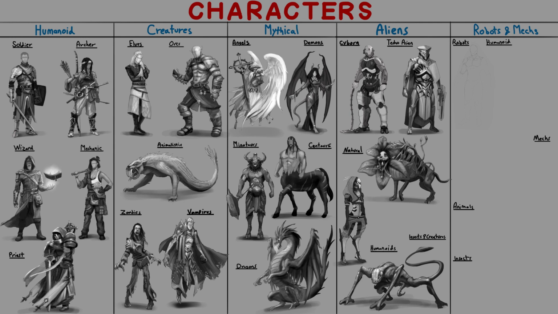The final category we have is robots and mechs, and alien technology. Those will include robots, of course, which isn't really alien technology, but they will be alien to us when they take over the earth and turn us into batteries, the usual thing. We can draw humanoid mechs.